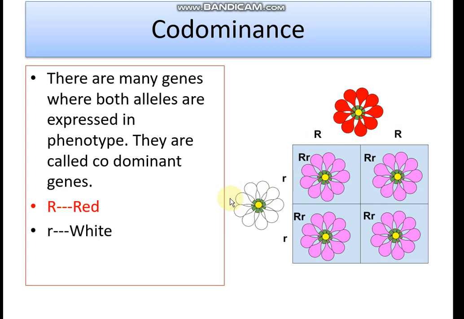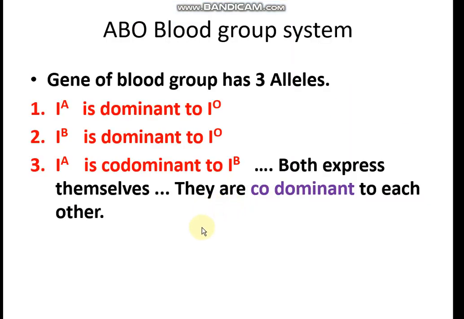Now moving on to the human ABO blood group system example. First you need to understand that there are four types of blood groups in humans. There is A blood group, there is B blood group, then there is AB blood group, and there is O blood group.